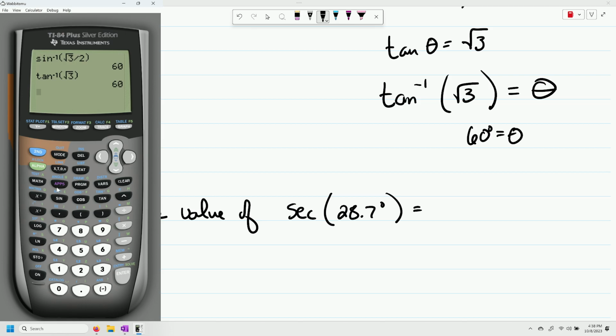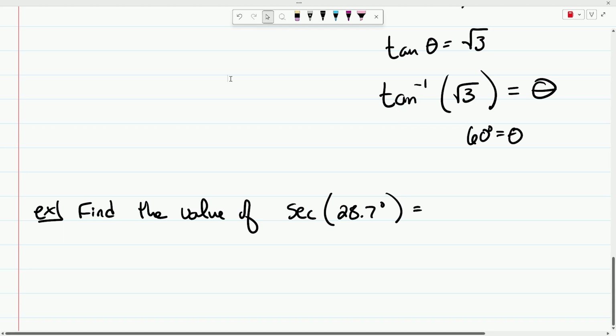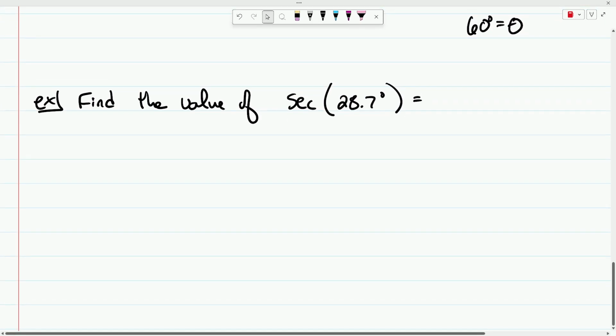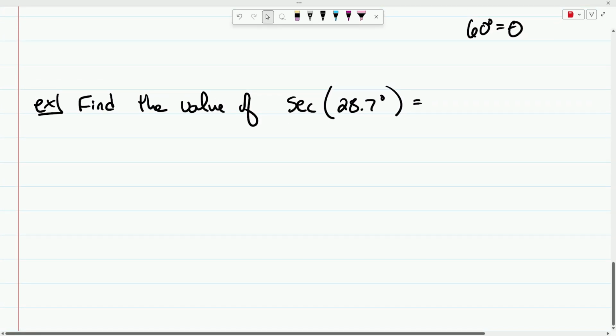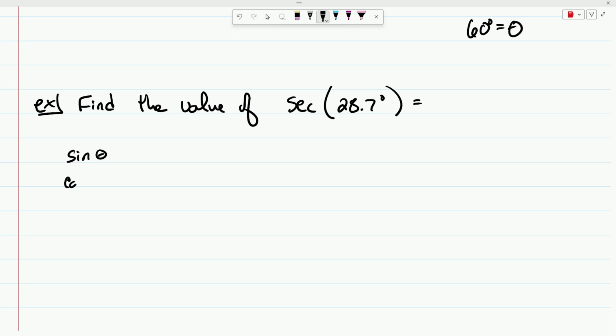So what I want to do here is go back and remember, well, what are we looking at in terms of the trig function? So remember, we have sine theta, cosine theta, tangent theta, and then we have the reciprocals. Cosecant theta, secant theta, cotangent theta.